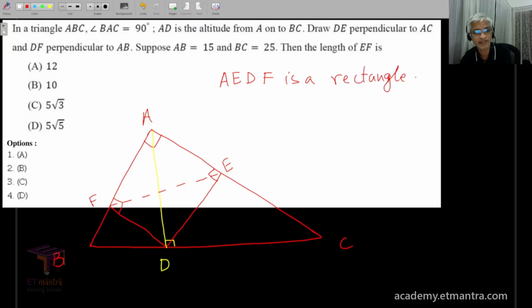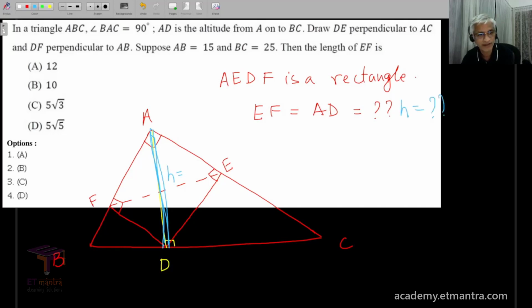And once we realize this, we immediately know that EF is nothing but AD. And the question really is, what is AD equal to? And all of a sudden, this becomes a well-known standard problem. So the question is, what is the length of this blue line? Let's call it h. So AD is equal to h, equal to what?